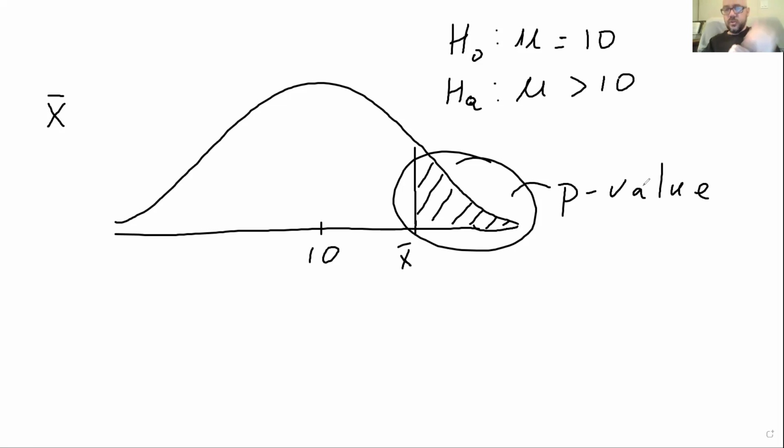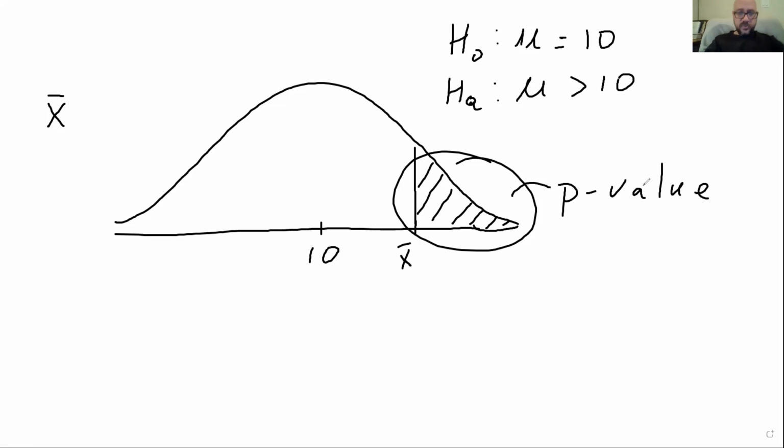Which I hope is not too surprising, given that probabilities are areas, and remember several chapters ago, we talked about how we're going to be using this concept that probability is area all the time. P-value is a probability. It is the area on some distribution.